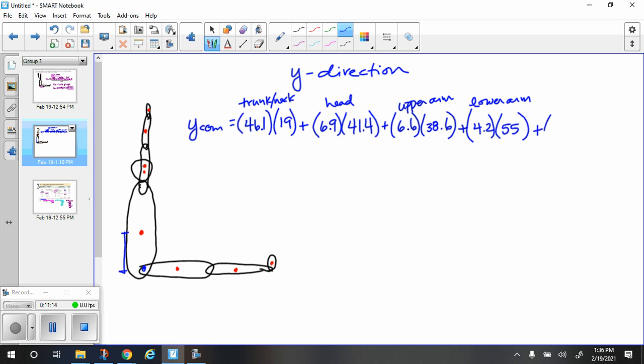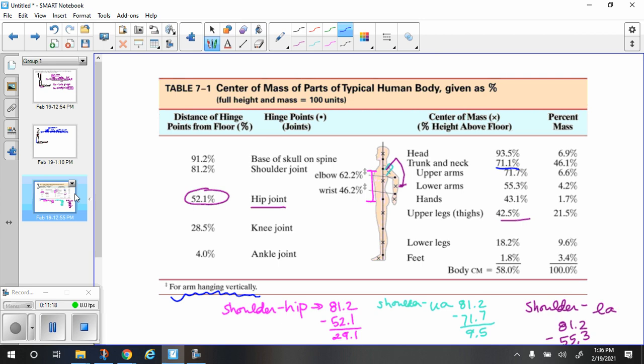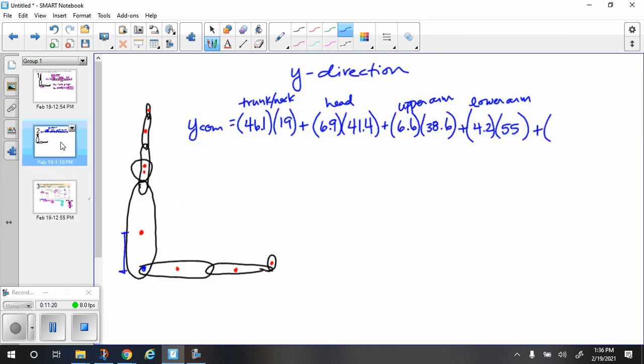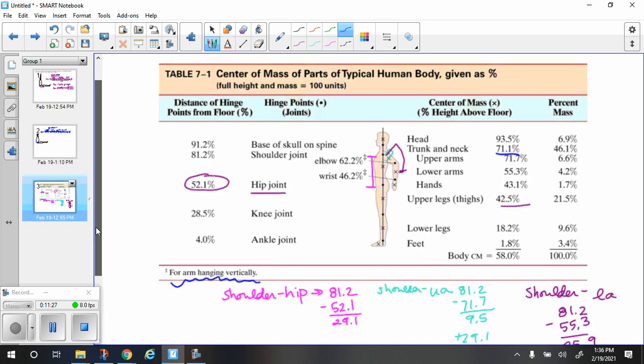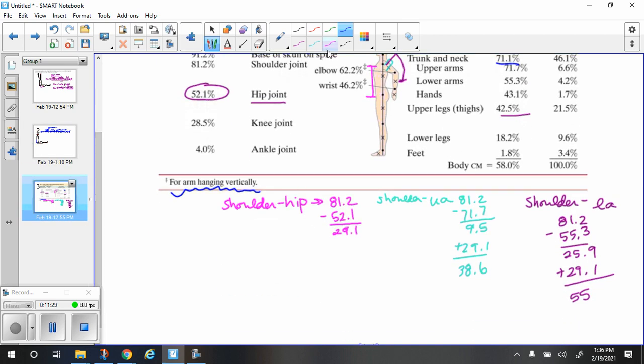Okay, then we have the hand. So our mass of our hands is 1.7%. And then the position of the hand, I can do that in green, I guess. So we have the shoulder to the hand is what we're looking for there. So shoulder to hand, we're going to do 81.2.